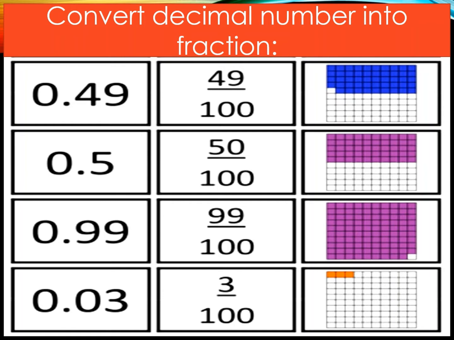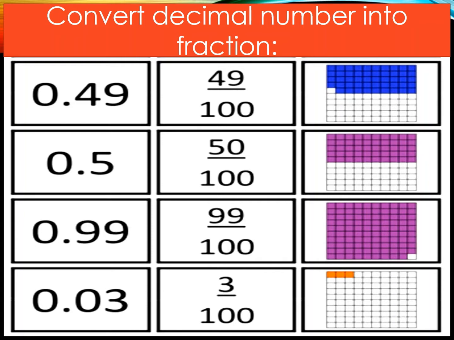So here it is 50 upon 100, or if we write 5 upon 10, that is also right. Now next is 0.99. From the right hand side, it has 2 places, that is 10th and 100th. So we shall write 99 upon 100.